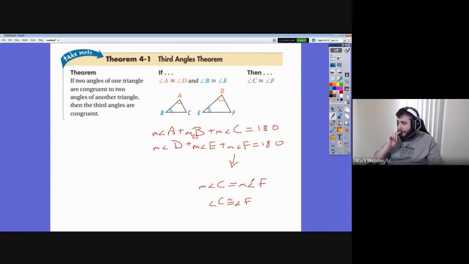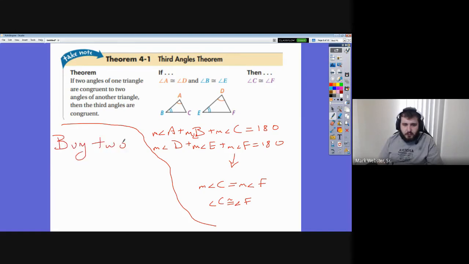So think of this, the way that I always describe it to people: buy two, get one free. If you know you've got two pairs of angles on a triangle that are the same, the third pair obviously has to be the same, right?